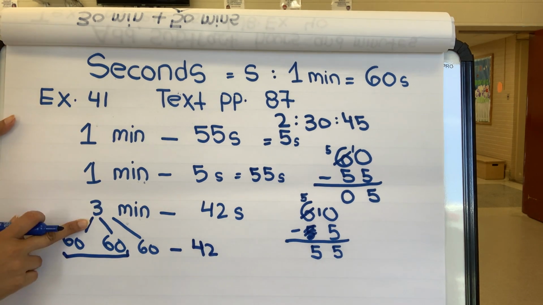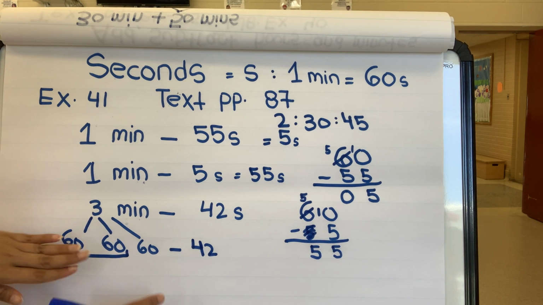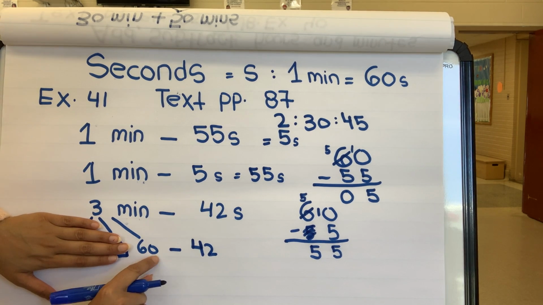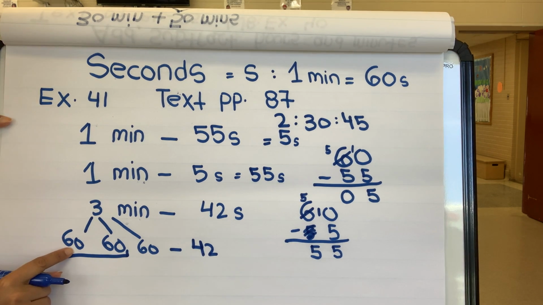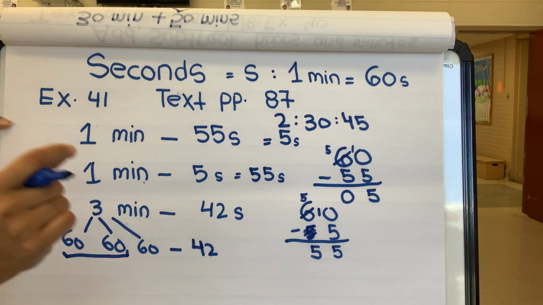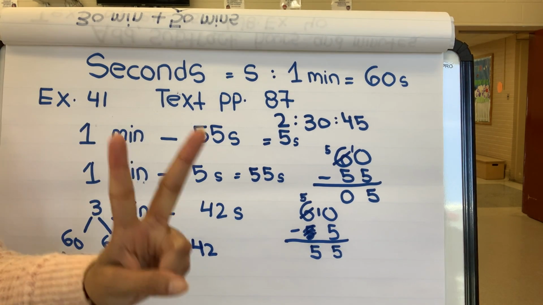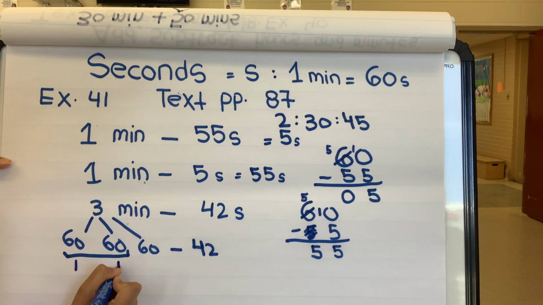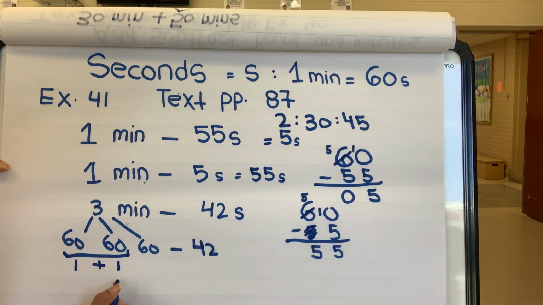So I know that 3 minutes is made up of 3 60s. So I'm only going to borrow 1 of my 60s and take away 42, which means in my answer I would have these 2 60s left. And these 2 60s mean 2 minutes, because 1 minute and 1 minute. So I know my answer will be 2 minutes, right?